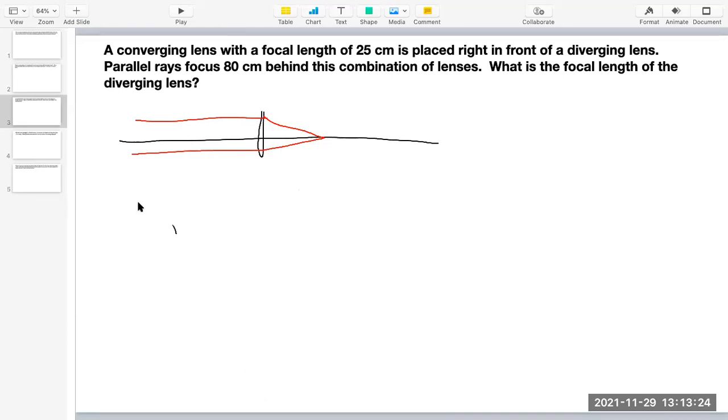If there is a diverging lens, incoming parallel rays don't focus, they spread out.